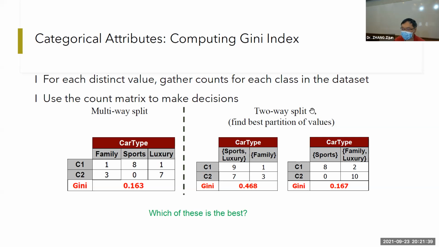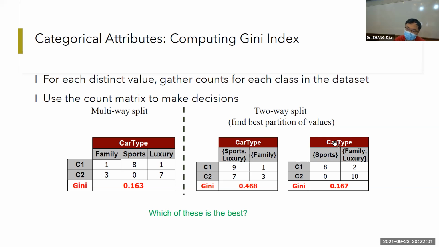But if we consider a two-way split, where we merge sports and luxury as one set and family as another, this is very impure. In the node with sports and luxury, we have 9 versus 7, which is almost equal, so it's impure.